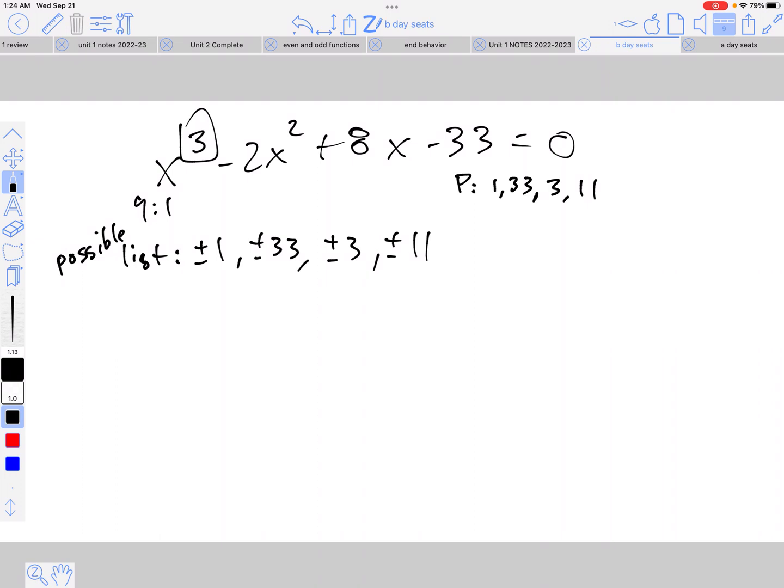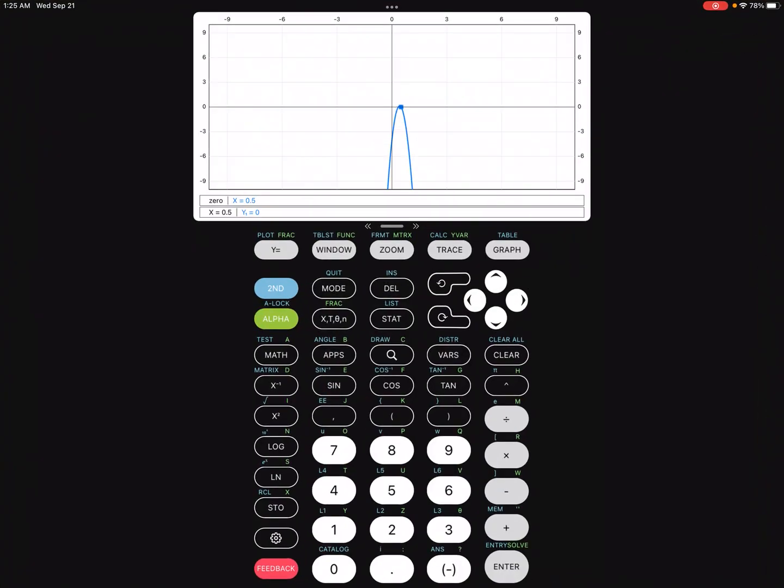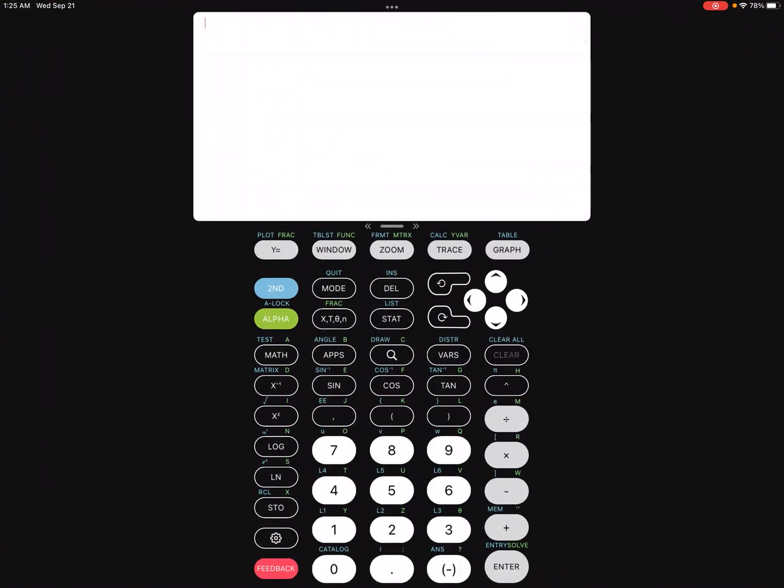Now remember, the remainder theorem is really the idea behind this: I'm plugging in all those numbers for x and seeing which ones give me an output of 0, because I know that they will have a remainder of 0, which means that they are roots. They can become factors. But what I'm going to do is type this into the calculator, because that'll be way quicker than typing them all in.